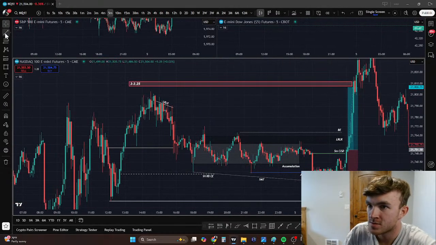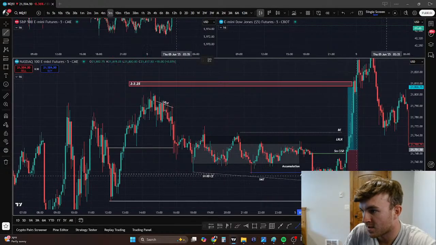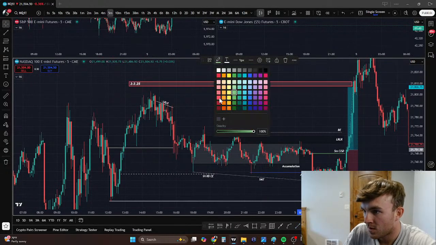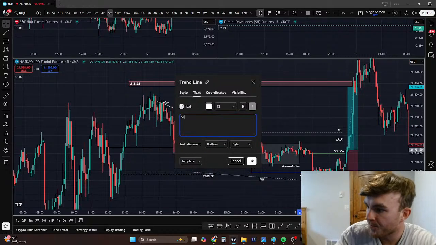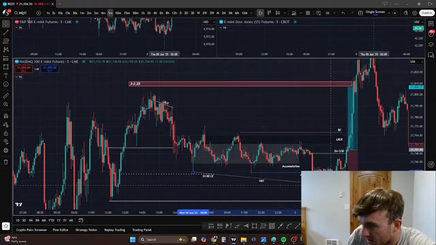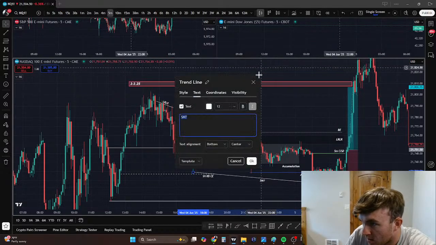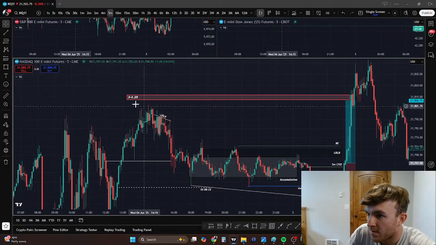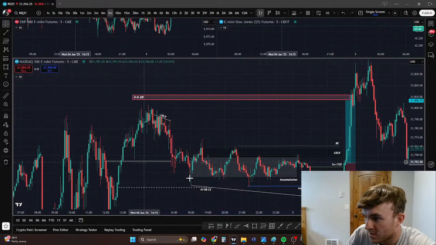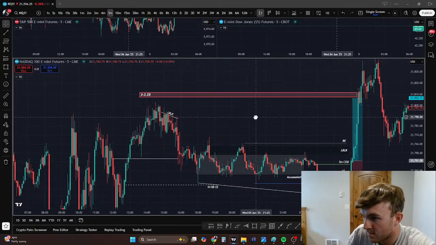So there we go. Stop loss at the end of here. SMT. Bottom right. And then there we go. All the way up to the third standard deviation and the fourth.